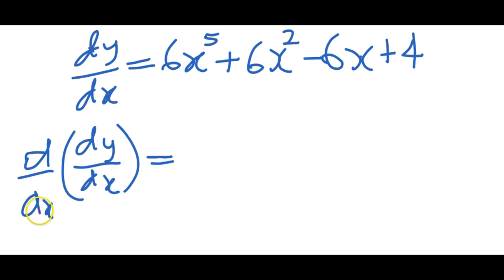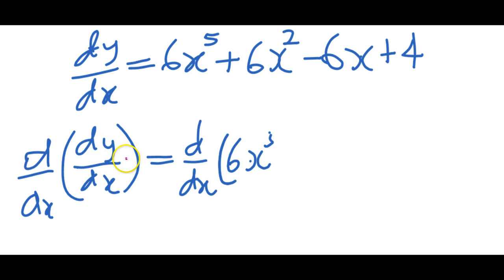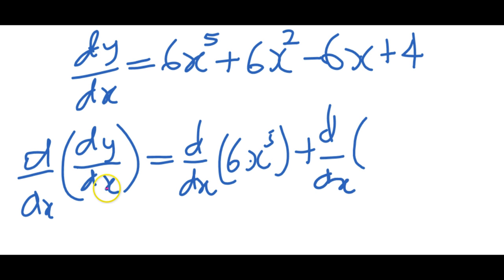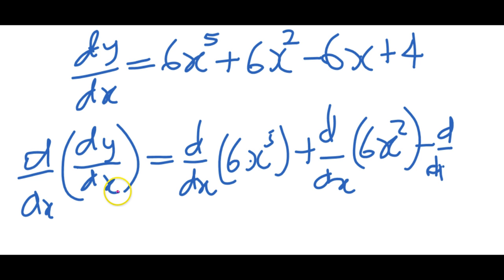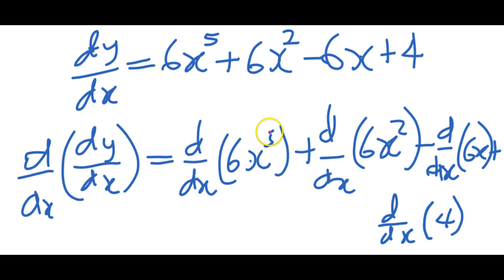Second derivative means we are going to take the derivative with respect to x of the bracket: 6x to the power 5, plus the derivative of 6x to the power 2, minus the derivative of 6x, then plus the derivative with respect to x of 4.